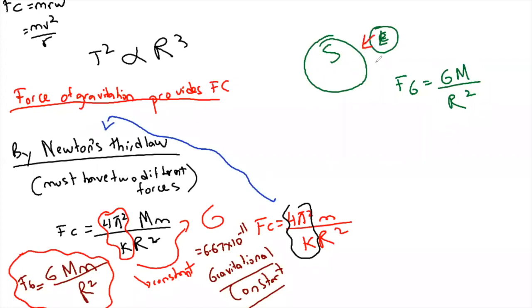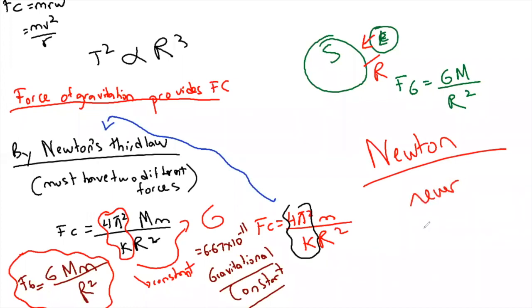But if I say I have one mass and I have one separation over here, r, then what I'm saying is that this person Newton, he never existed. This is all fake. Why? Because what I'm saying is there's only one force. When I say that there's only one mass in this formula, I am denying the fact that Newton ever existed.